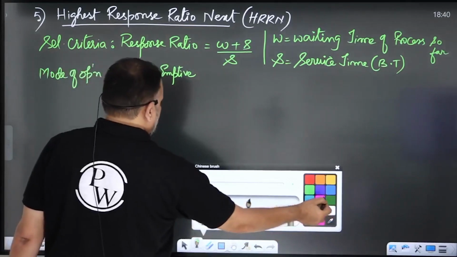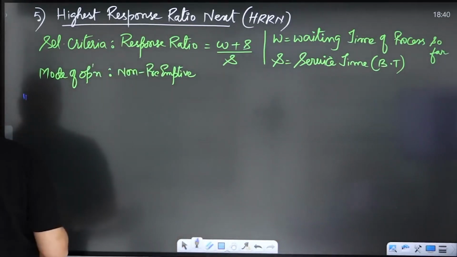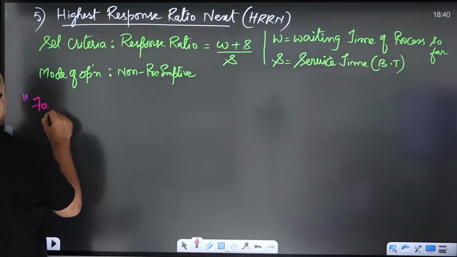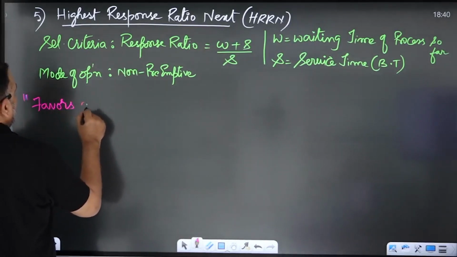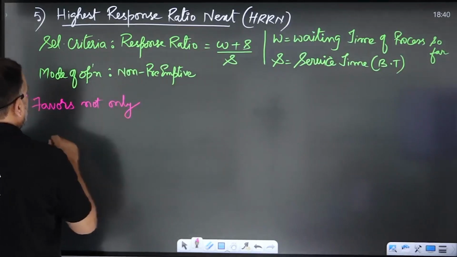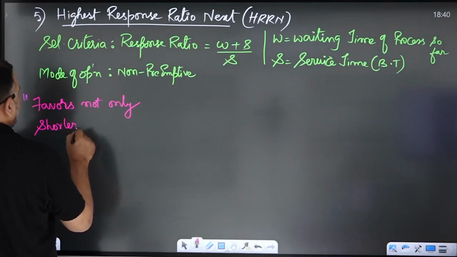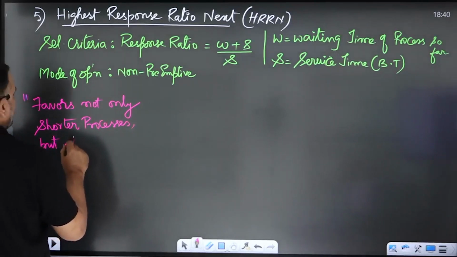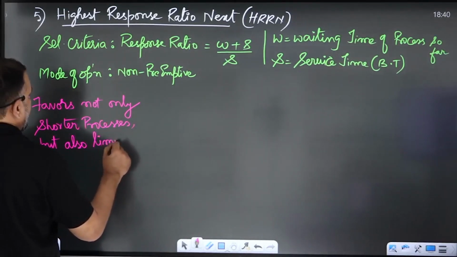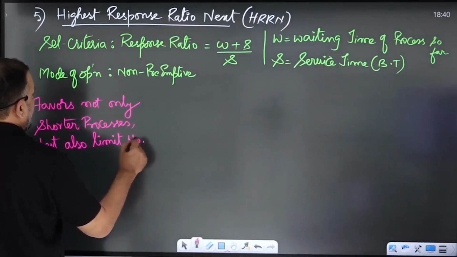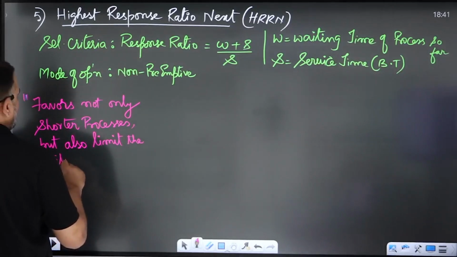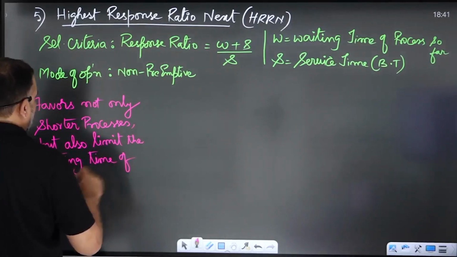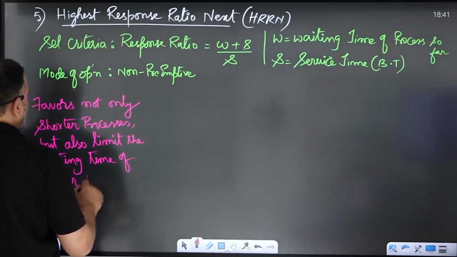And the basic idea of this is that it favors not only shorter processes, but also limits the waiting time of longer processes.